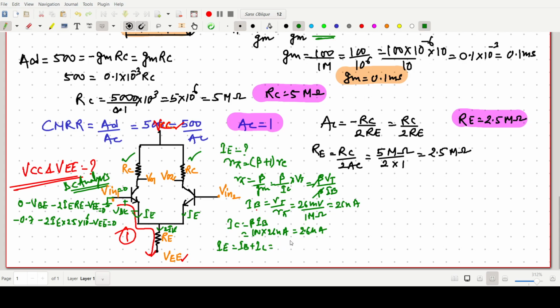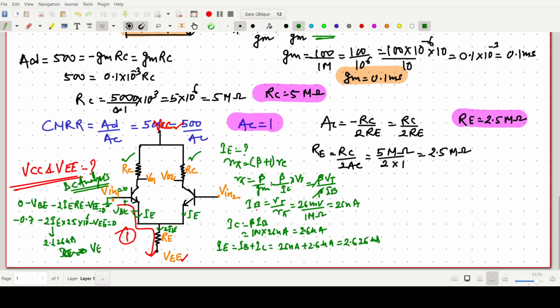So if we add 26 nanoampere plus 2.6 microampere, I am not doing all the calculation, it will come around 2.626 microampere. So the IE value is now 2.626 microampere.